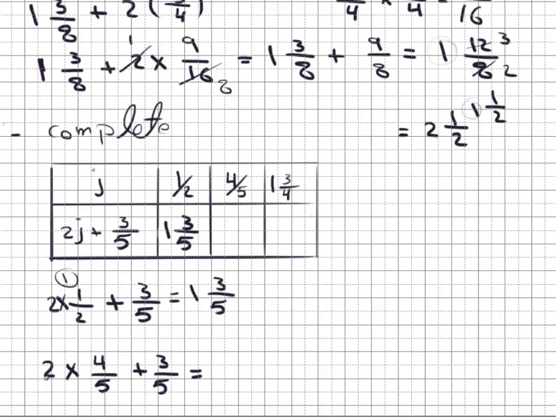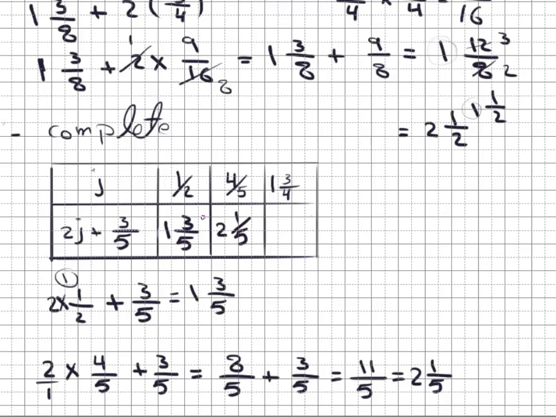Here we can multiply. 2 multiplied by 4, the answer is 8 over 5. 8 over 5 plus 3 over 5, the answer is 11 over 5. 11 divided by 5, the answer is 2, but we still have 1 over 5 as a remainder. Now the answer here is 2 and 1 over 5.